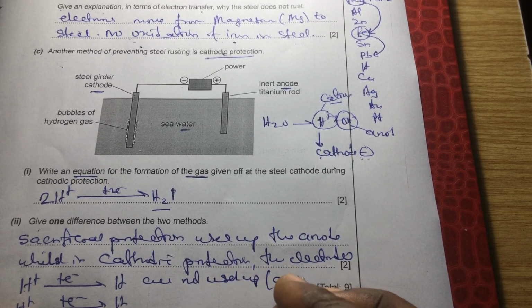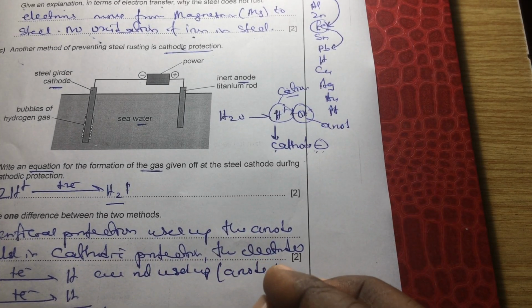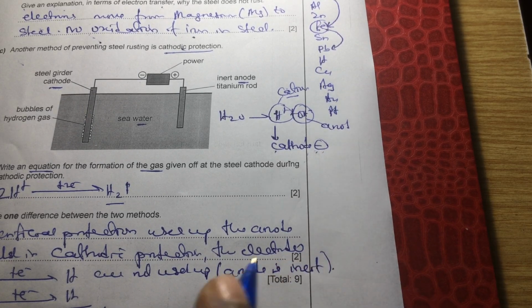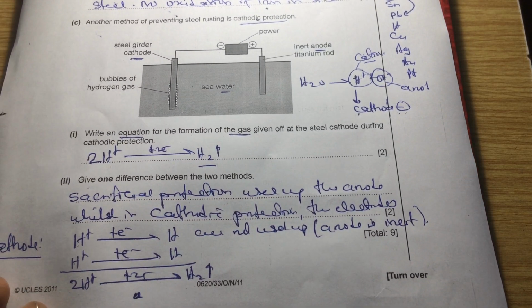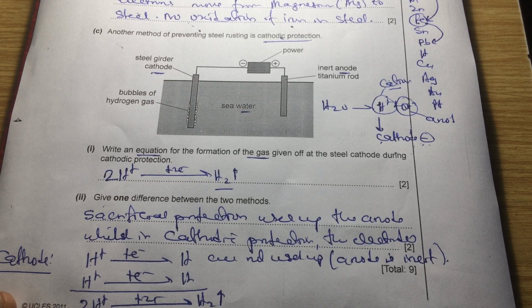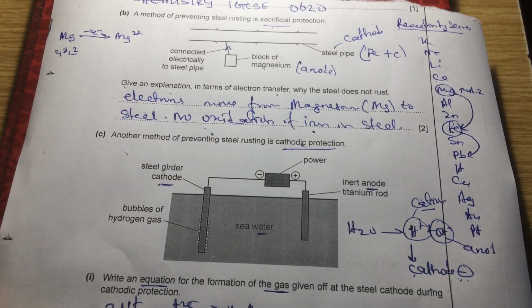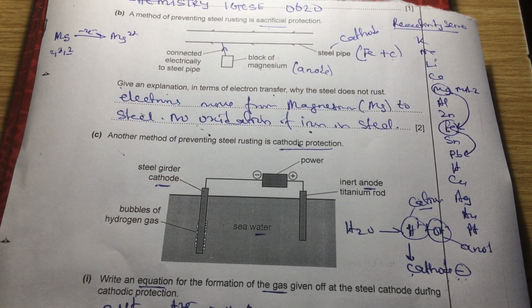The anode is inert. Any of the differences I've given earlier, right? So this is a question based on a method of preventing steel rusting or corrosion. I hope it's cleared.